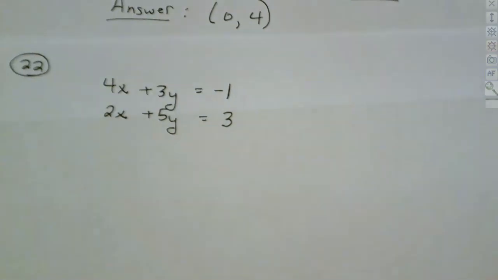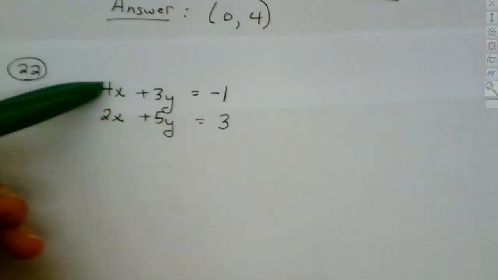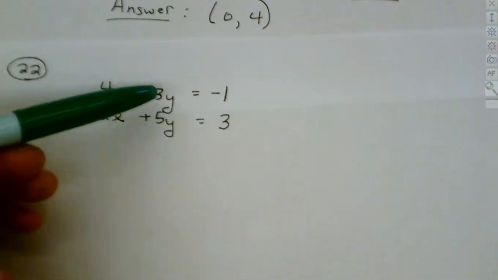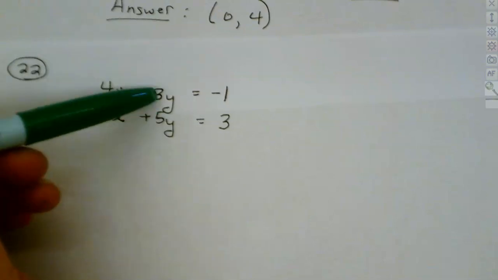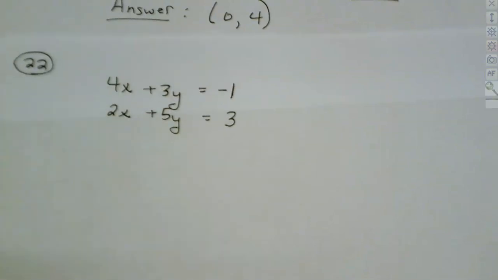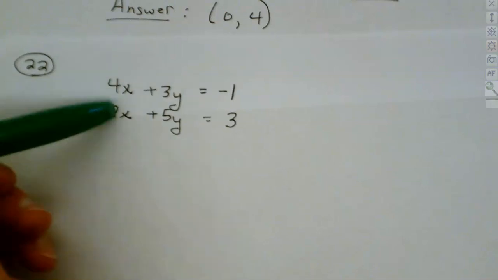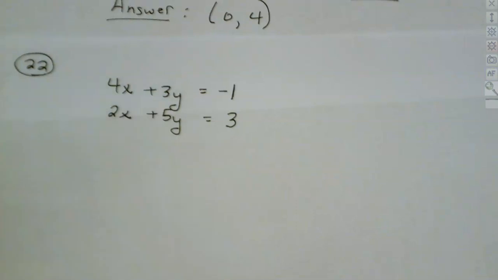Now, what I do is I look at my numbers all together. So I look at the x's and I look at the y's. When I look at the x's, we've got a 4 and a 2. The y's, we have a 3 and a 5. So I'm going to eliminate for the x. Why? Because 4 and 2 are smaller than 3 and 5.